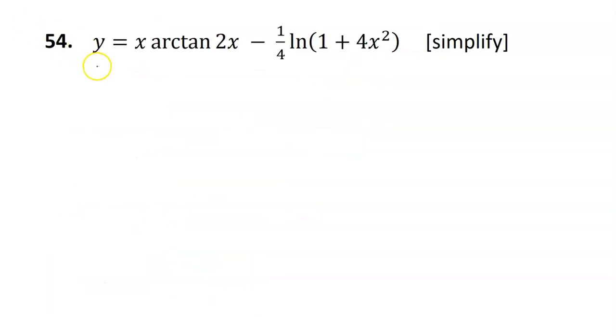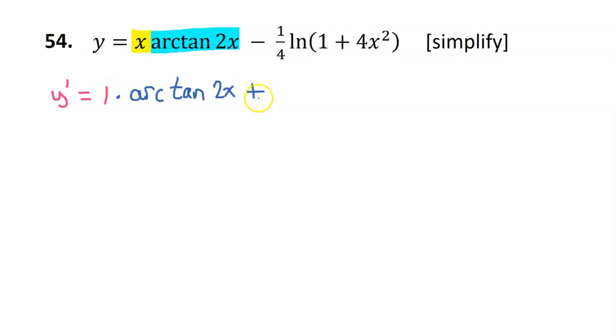For number 54, we will take the derivative term by term. However, in the first term, we run into the product rule. We start by taking the derivative of x, which is 1, and we leave the second factor alone. Then we put a plus. The second time through, we leave the first factor alone, so that's x, and we multiply by the derivative of the second factor.